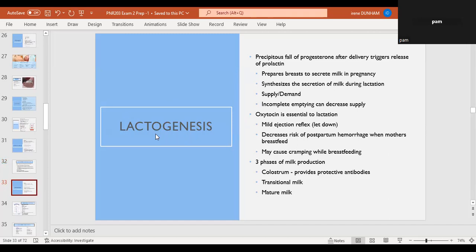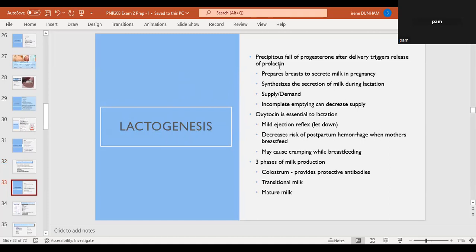Lipogenesis. What happens is promoting the letdown and milk production. You have a fall of progesterone after delivery, which then triggers the production of prolactin. Write that down, prolactin. Prolactin is the hormone you need in order for the breasts to prepare and make the milk.